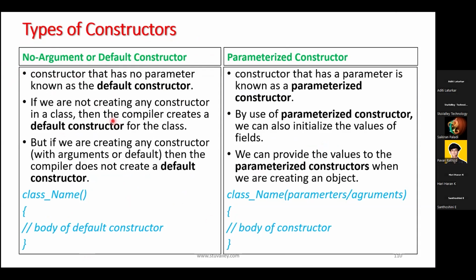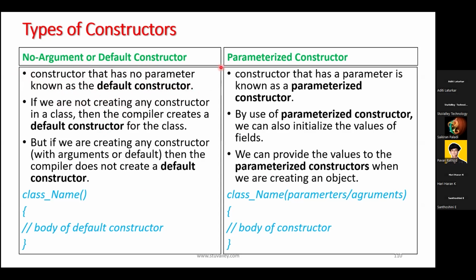A constructor has to be defined in its own class. You cannot define another class's constructor in a class, because the constructor always has the name of its class. The no-argument or default constructor has no parameters, so it is known as the default constructor.